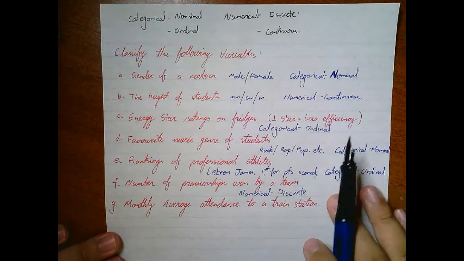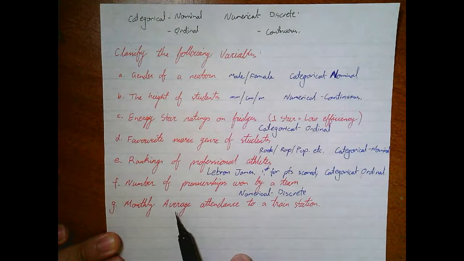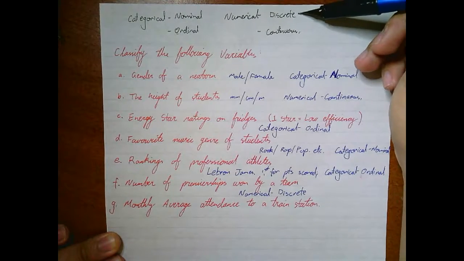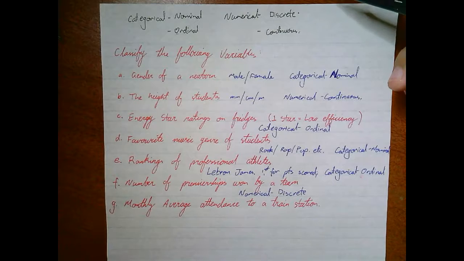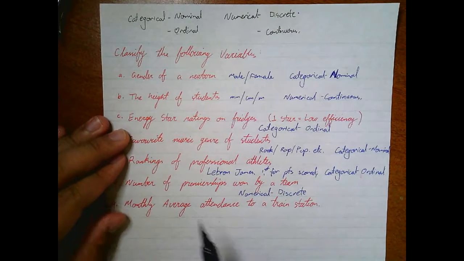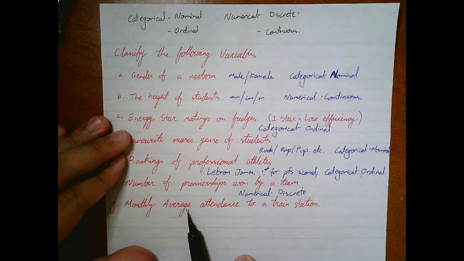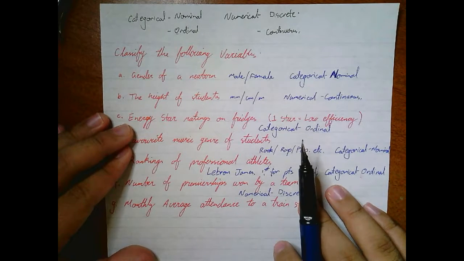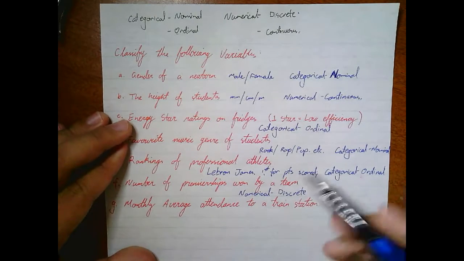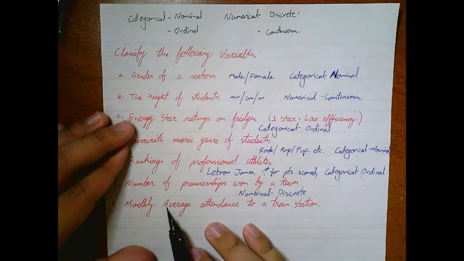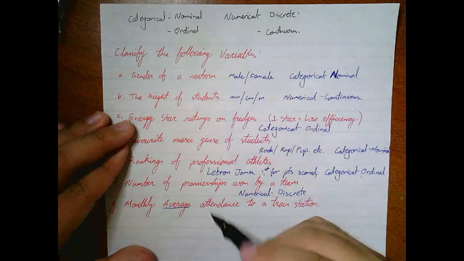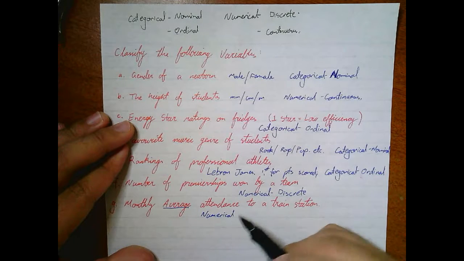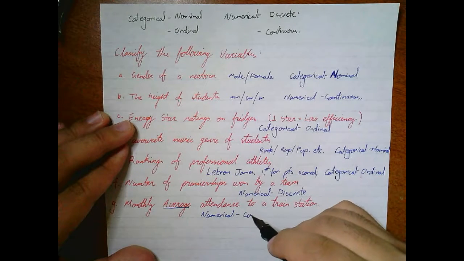And I know it may seem discrete, because we're talking about people going to a train station. But since it's an average, it is possible to get decimal values. So this one's up in the air, but since it's an average, I would say that this is numerical continuous.